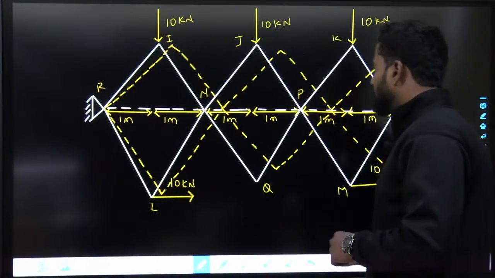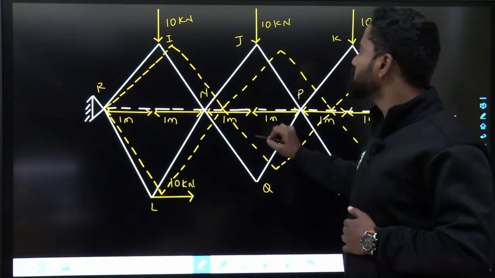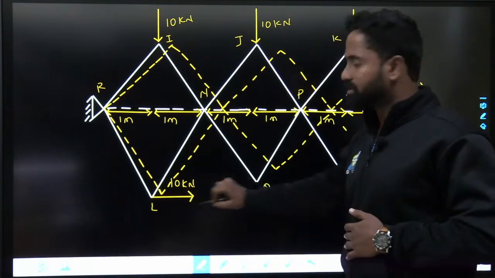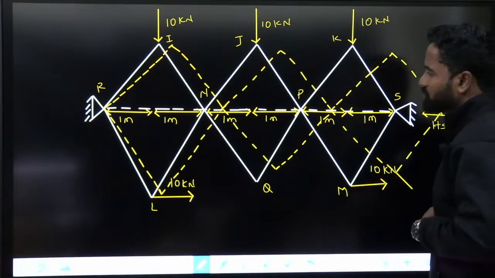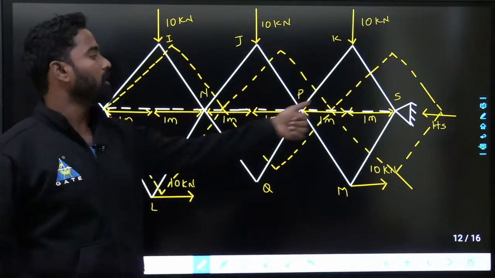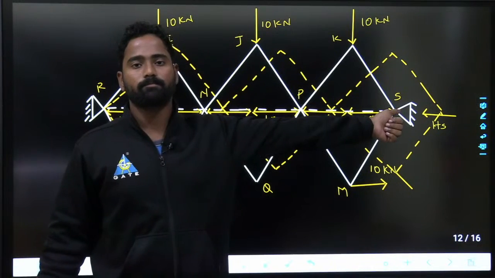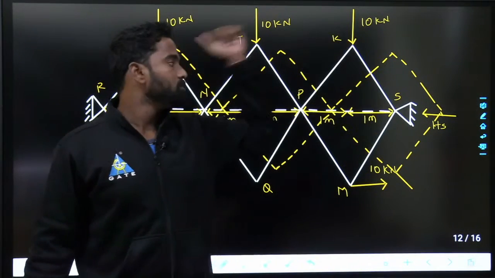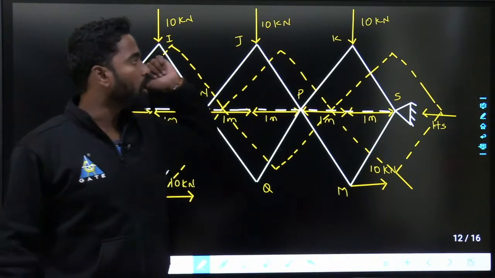Here the external loads will be, these are the external loads, 10, 10, 10, external loads 10 here, 10 here. Internal reactions would be here the reaction HR, HS, there HS, something like that. Fine. So this is the idea. Any doubts up to here?